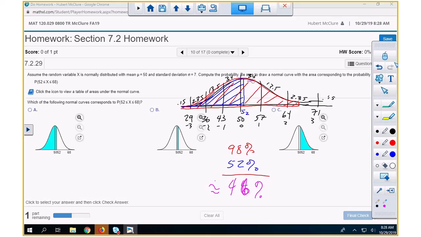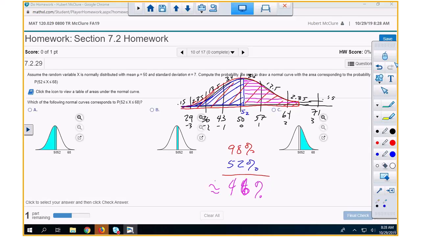Here is the area I'm trying to find. So if you don't have a calculator, you're going to have to change these into z-scores. So let's change them into z-scores.